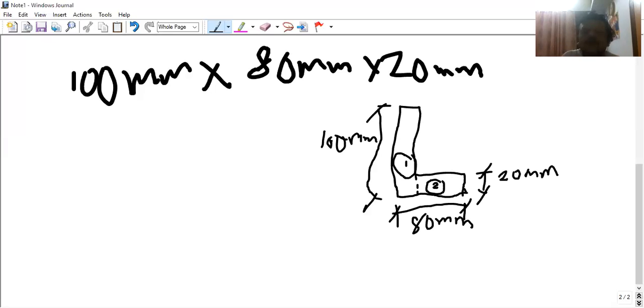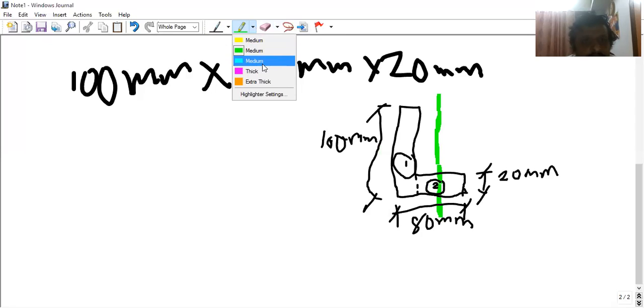This vertical is your y-axis and horizontal is your x-axis. When we observe this figure, it is not symmetrical about the y-axis, neither is it symmetrical about the x-axis.